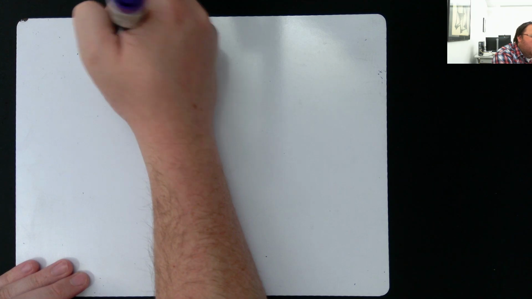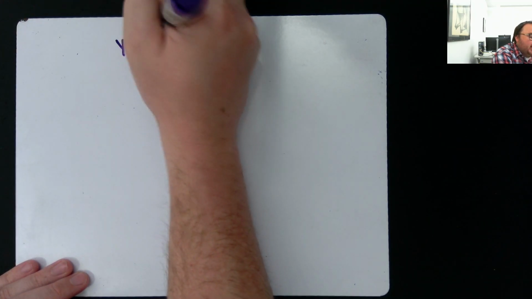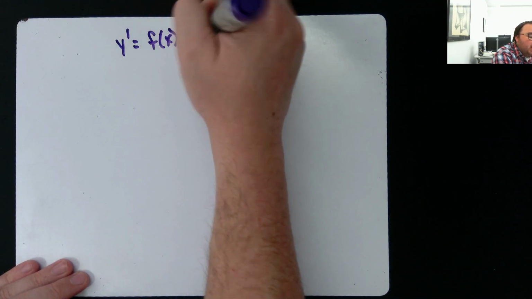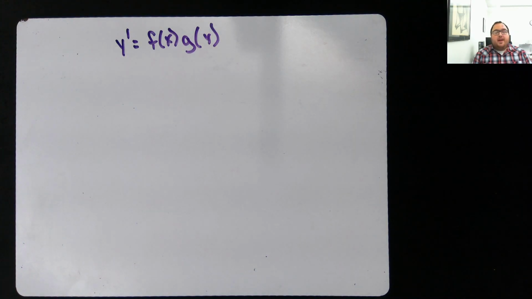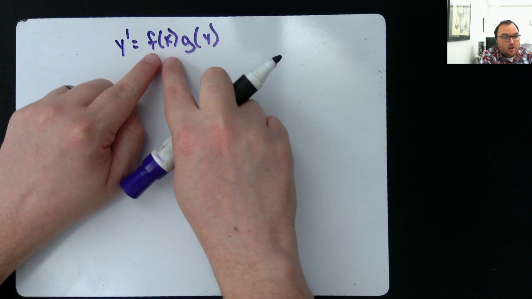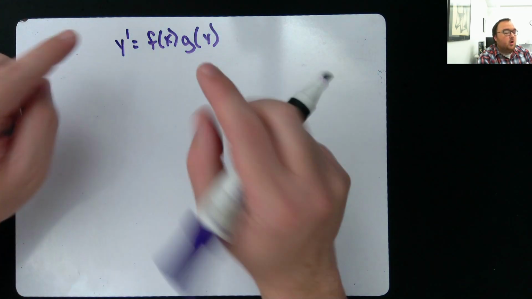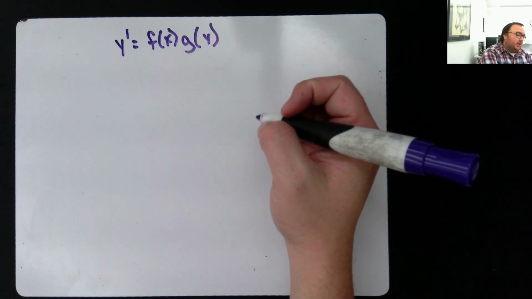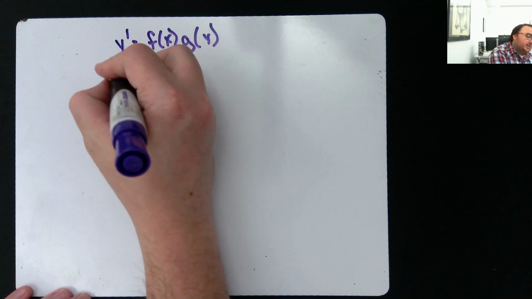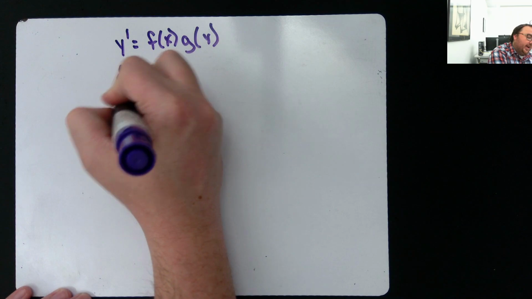So again, it's anywhere where I can write y prime is equal to a function of x times a function of y. What's really neat about these, if it's just a function of just x times a function of just y, remember y prime is like saying dy dx.